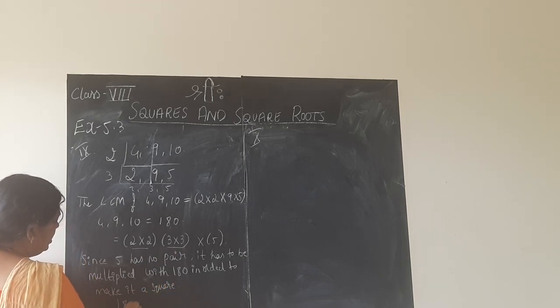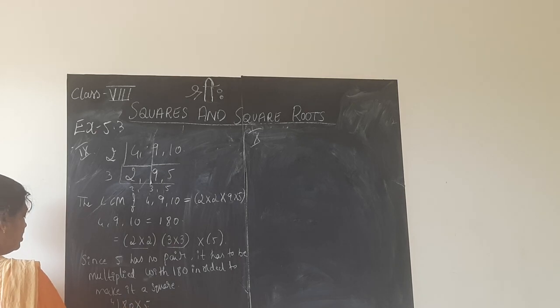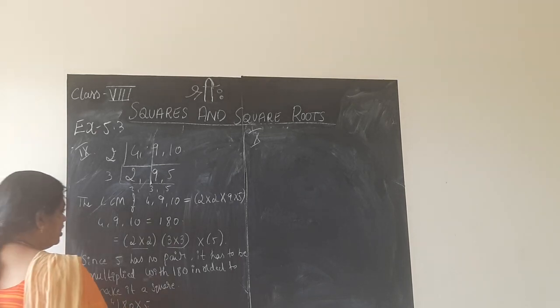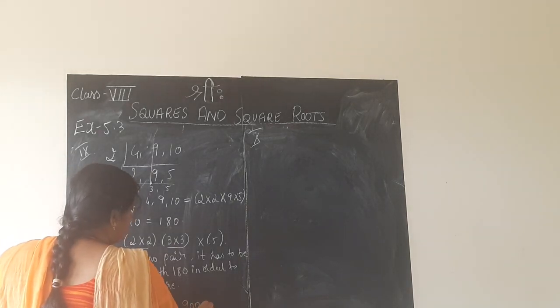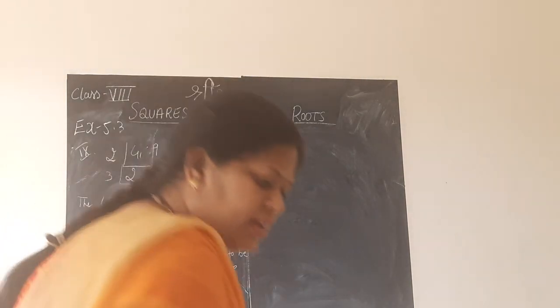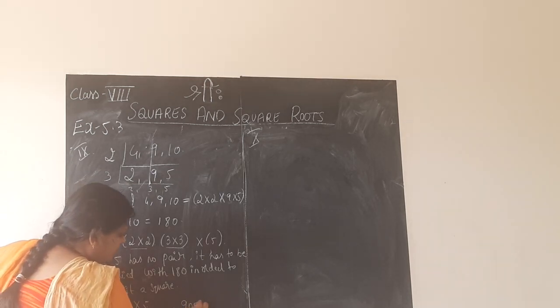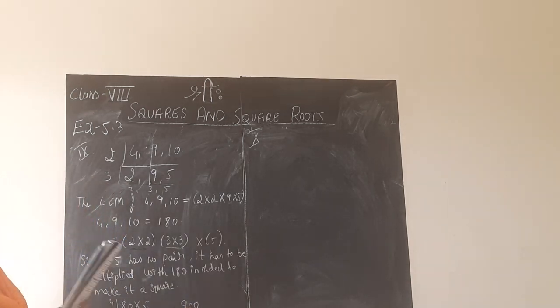So 180 into 5 if you do, 5 zeros are 0, 5 8s are 40, 4 carry, 5 1s are 5 plus 4, 900. That is equal to 900 we got. We are getting 900 children. Therefore, from the question only you write.